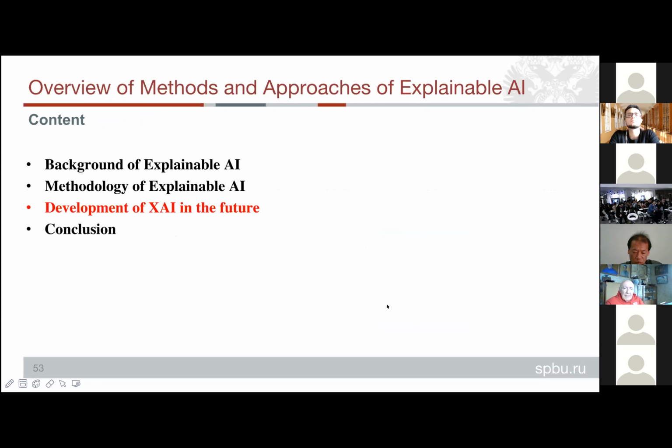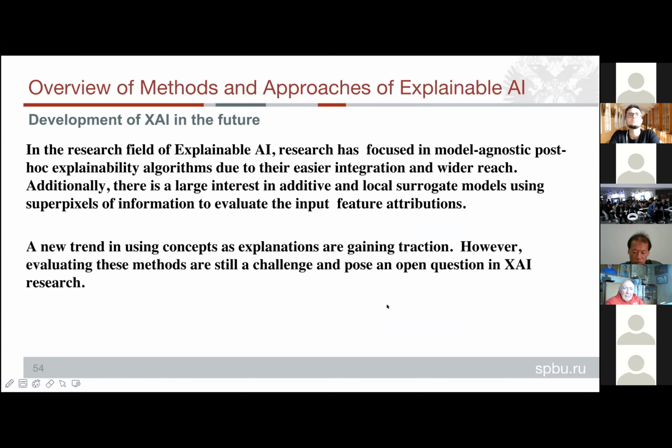Next is the development of XAI in the future. In the research field of explainable AI, a lot of research has focused on model-agnostic post-hoc explainability algorithms due to their easier integration and wider reach.